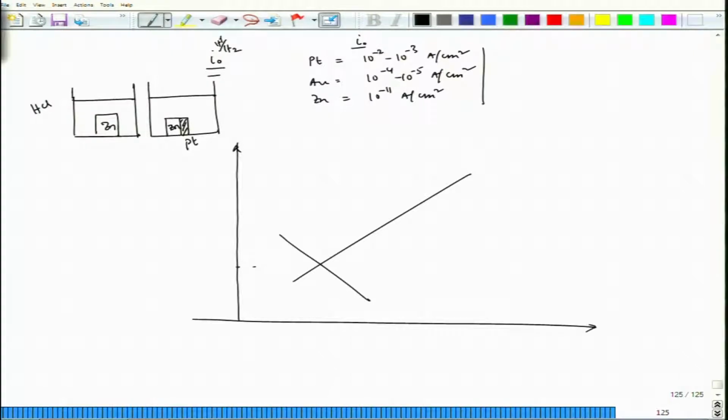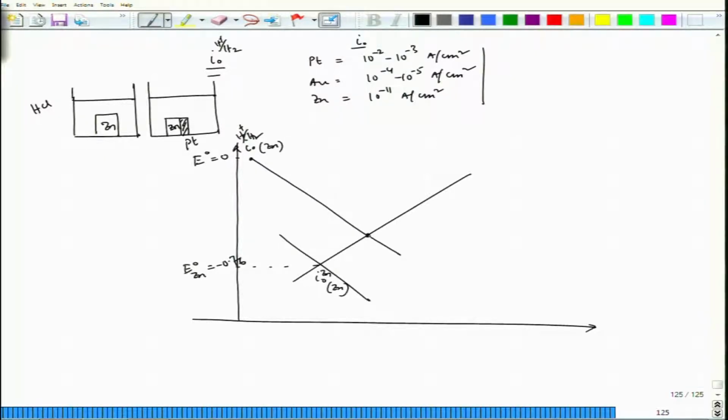For zinc, this is E0 zinc and this is I0 zinc on zinc surface, and then we have E0 for hydrogen, which is 0, this is minus 0.76 volt, and then this is my I0 of hydrogen reaction on zinc surface, and accordingly we are achieving the mixed potential.